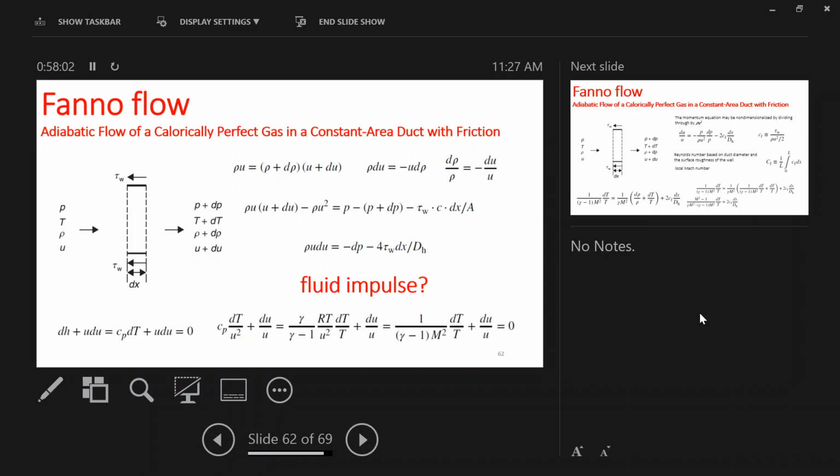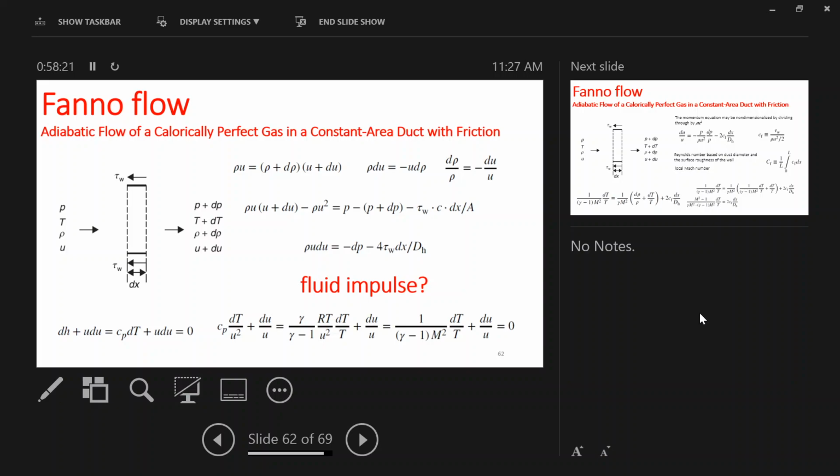And if you just play with this, you can get to the following equation. Rho du is going to be equal to negative u d rho. Okay? It's clear?